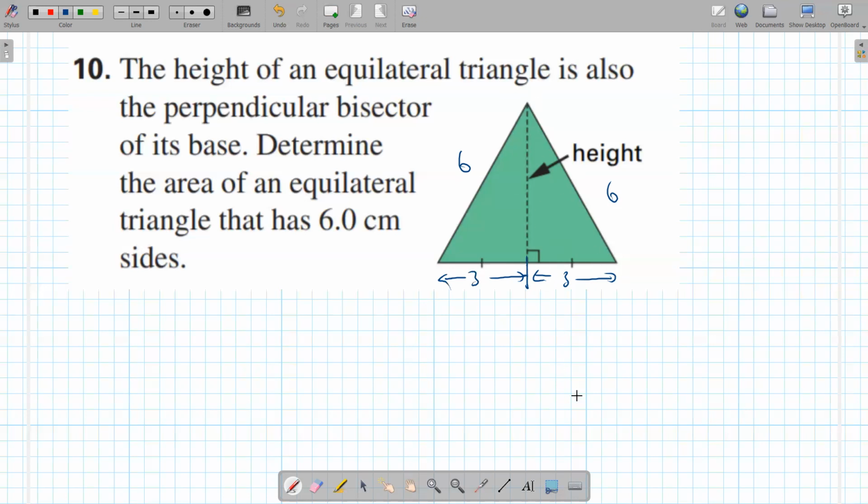So we're looking for A. Yeah, exactly. So find it for me. Do we add or subtract? Subtract. Good. Um, 5.2. That's right. So that's the height of this equilateral triangle. Okay, easy.